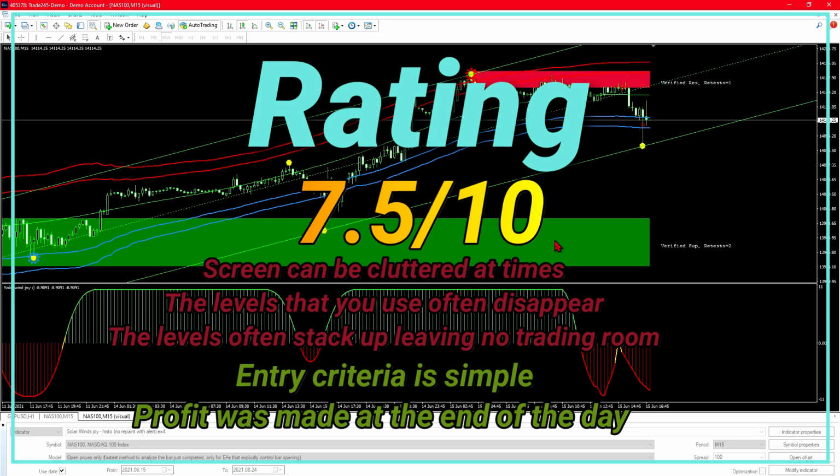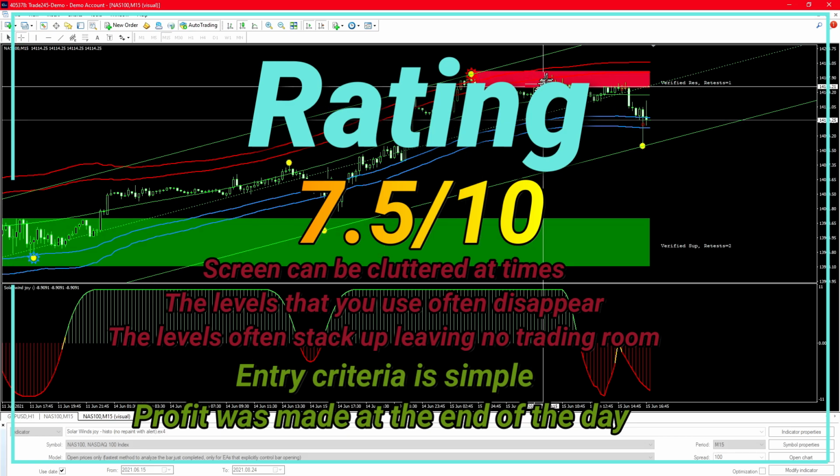The negatives about this system is that at times it can generate quite a few levels at once. So within this small space that we have over here, you might get another 2 levels running across here, which makes it very difficult to trade since you won't be trading in between levels that do not have enough space.